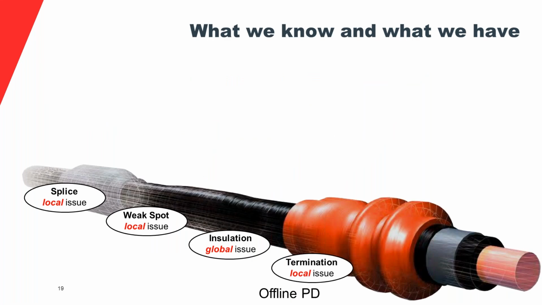And then in terms of what we know and what we have, as I titled that slide, overall we have the cable and we have the accessories, period. And that's pretty much it. Now you know everything there is to know about cables, kind of. So the cable itself is the main insulation. It's an unaltered part.